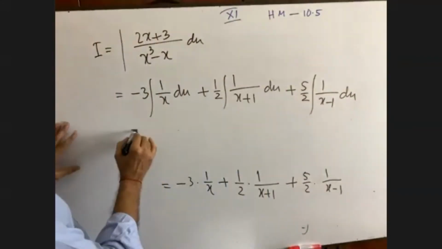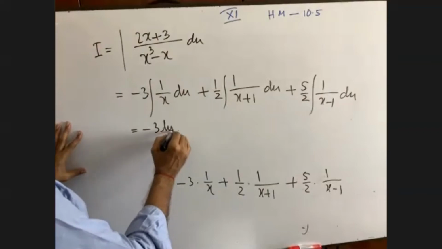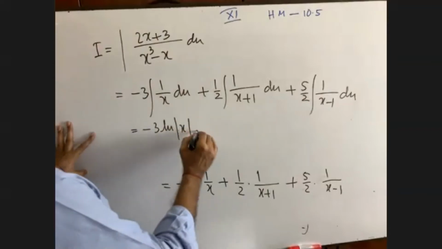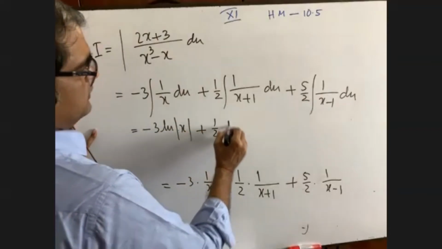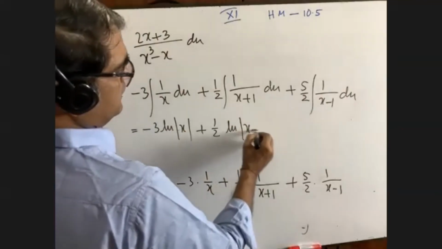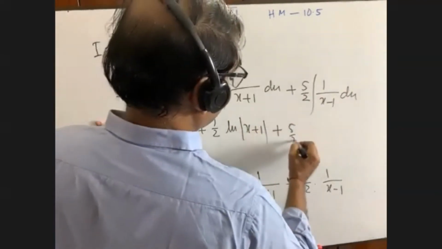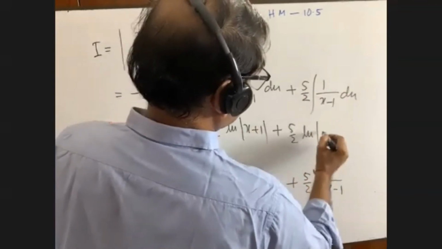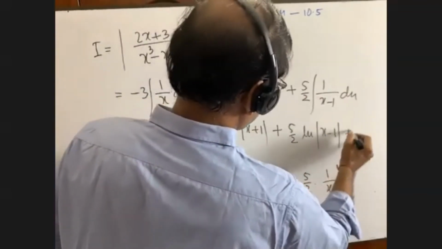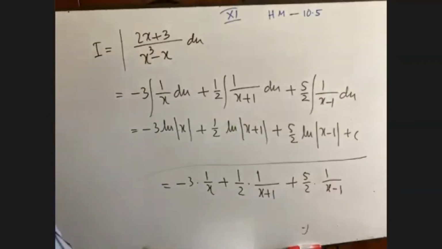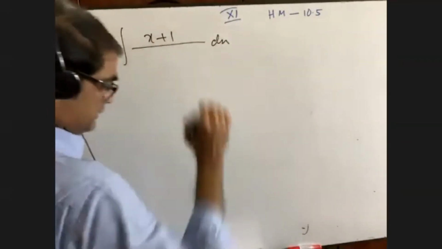Now, this is minus 3 ln x plus half ln of x plus 1 plus 5 by 2 ln of x minus 1 plus c. This is the answer.